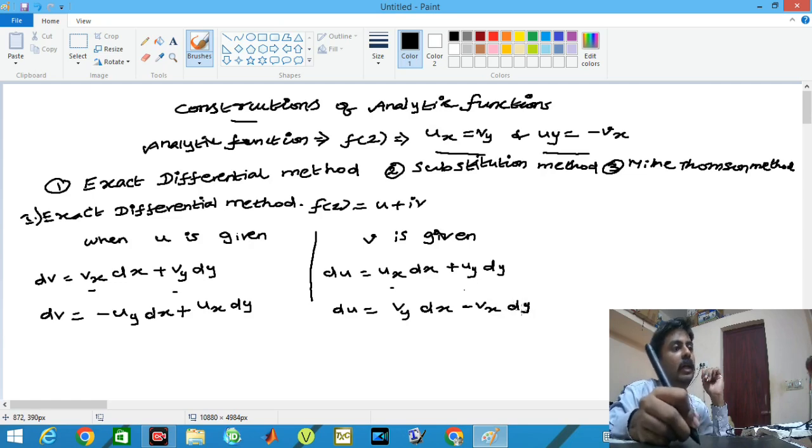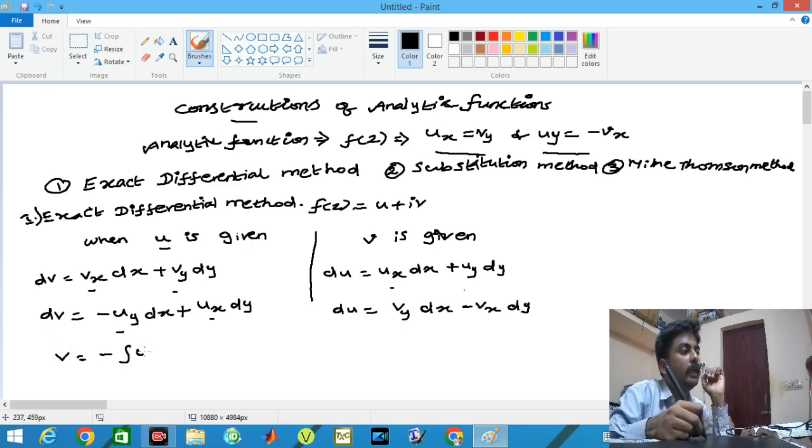Now see, we are given only the value of u. From this u you can find ux and uy. After that, substituting those values and integrating, you will get v equal to minus integral uy dx plus integral ux dy.